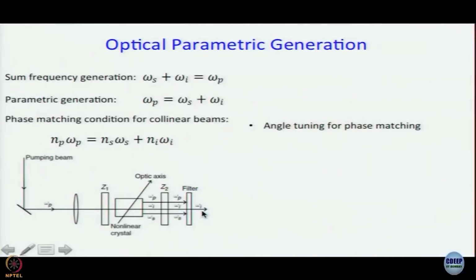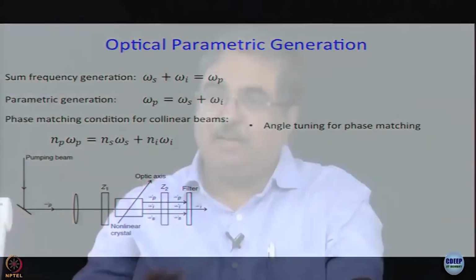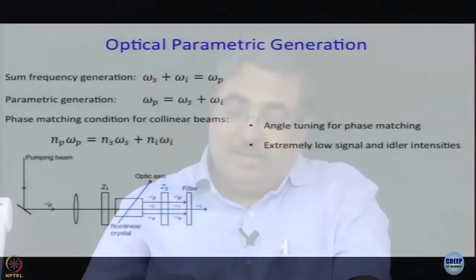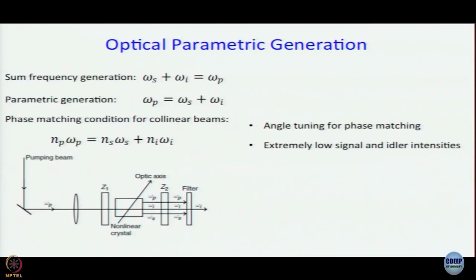What is the problem? The problem is intensity, very, very small. So, first of all, what you can do is, like earlier, you can do angle tuning for phase matching. That way you can decide omega s, omega I, and you can optimize the conditions by which they come out. We have to remember that signals are very, very low.